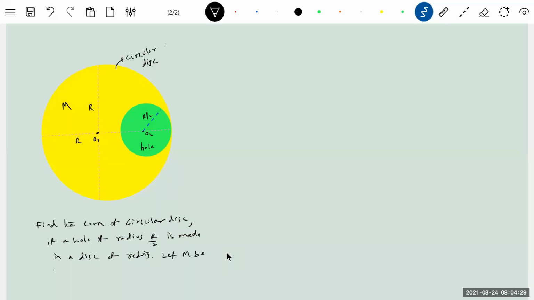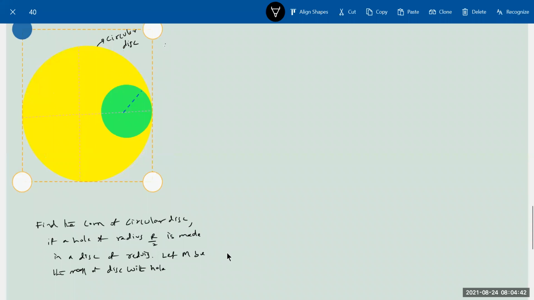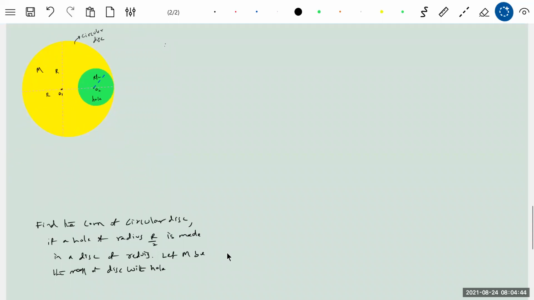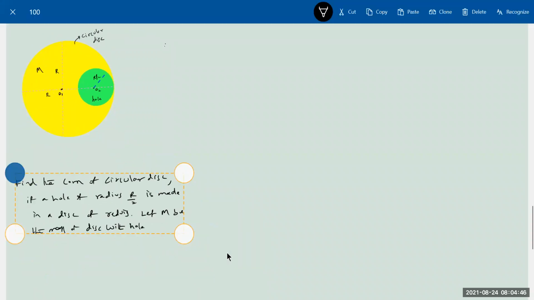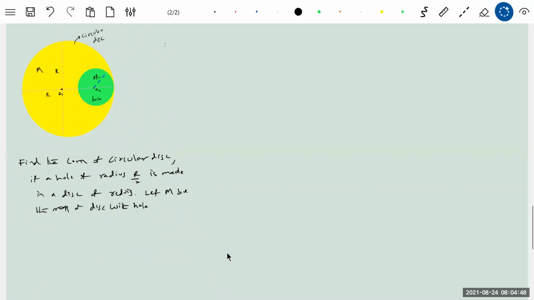Let m be the mass of the disc with hole. We have to locate the center of mass. We know for a circular disc it will be at the center.